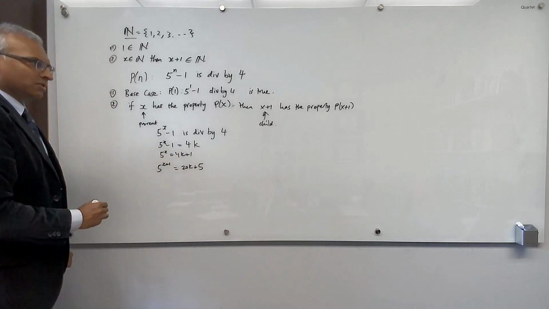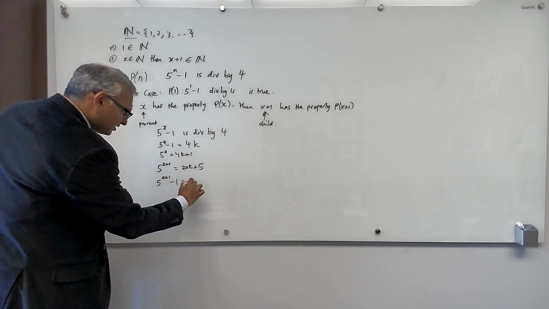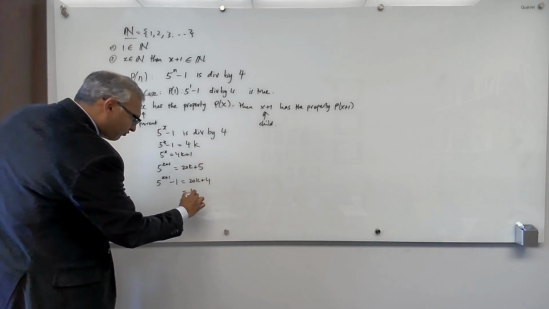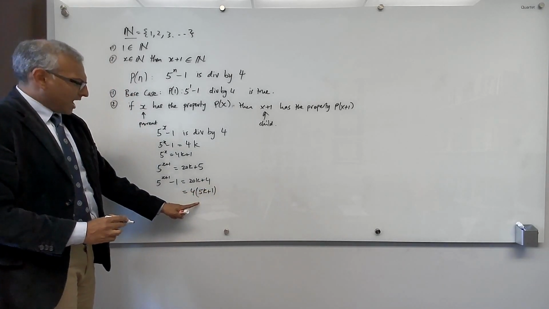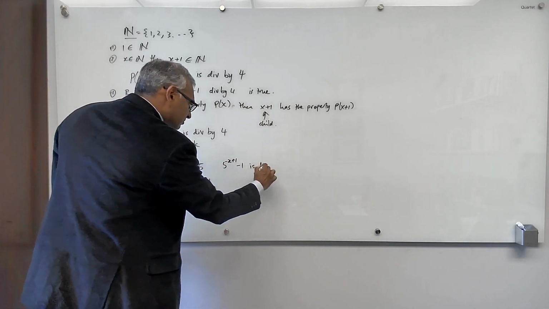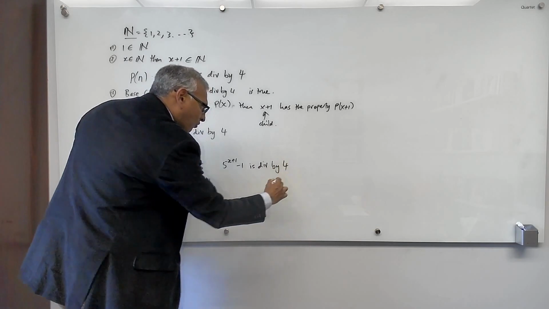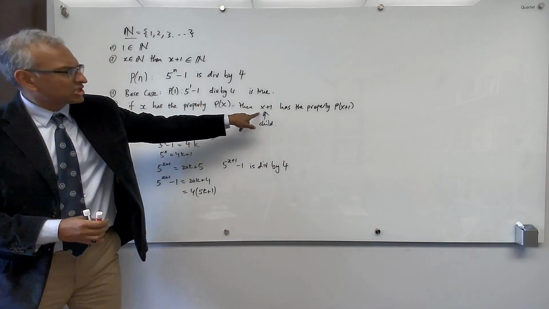Subtracting 1 from both sides, 5 to the X plus 1 minus 1 is equal to 20K plus 4, which is equal to 4 times 5K plus 1. So it's a multiple of 4. So 5 to the X plus 1 minus 1 is divisible by 4. So if my parent has the property, then the child has the property.